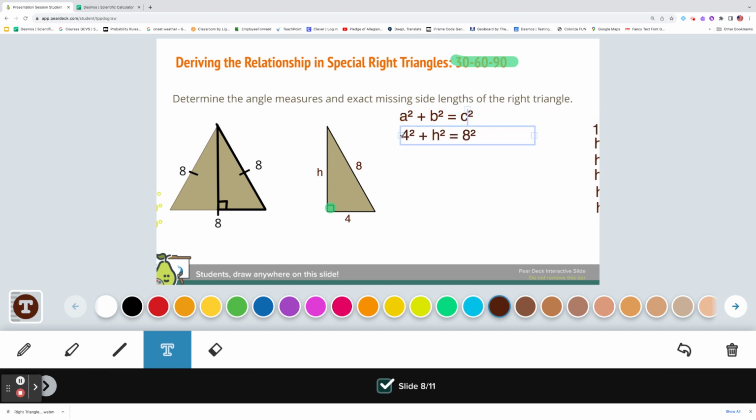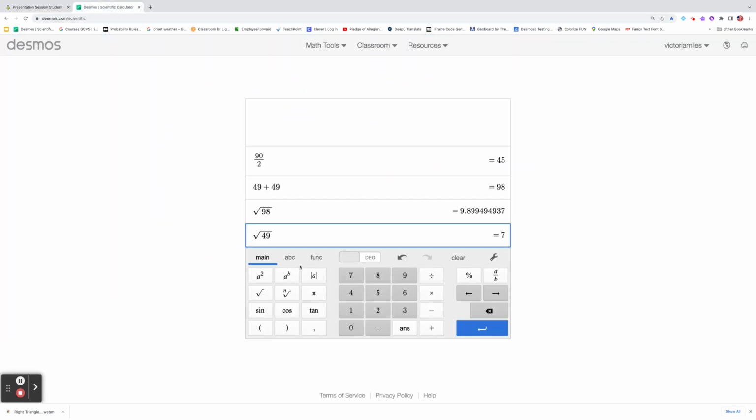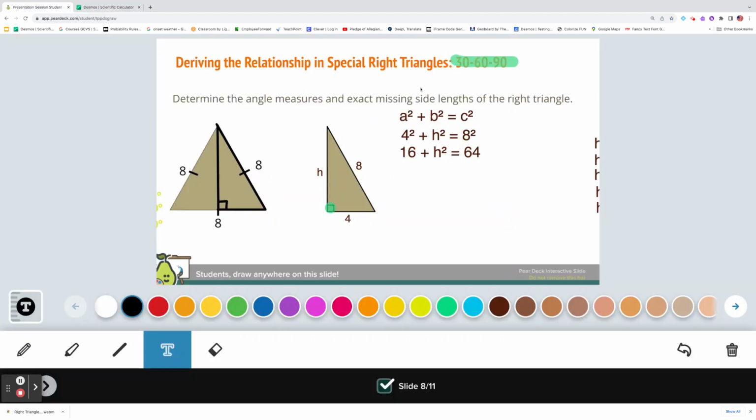We can square the numbers 4 and 8, 4 squared being 16, 8 squared being 64. And if we want to solve for h, which is the height of this particular triangle, we can subtract 16 from both sides. 64 minus 16 is 48.